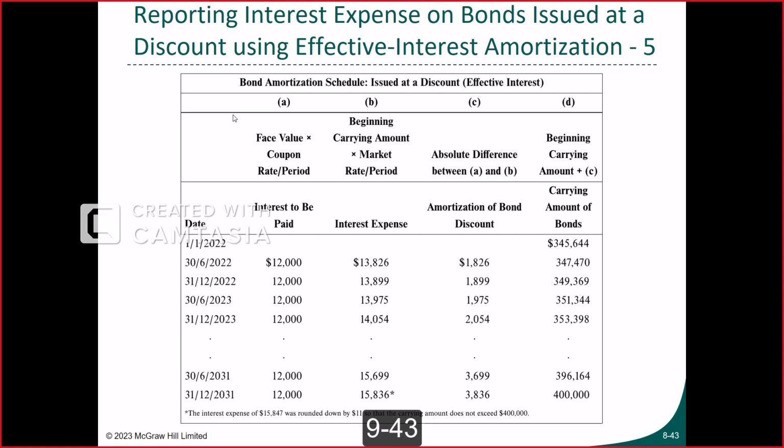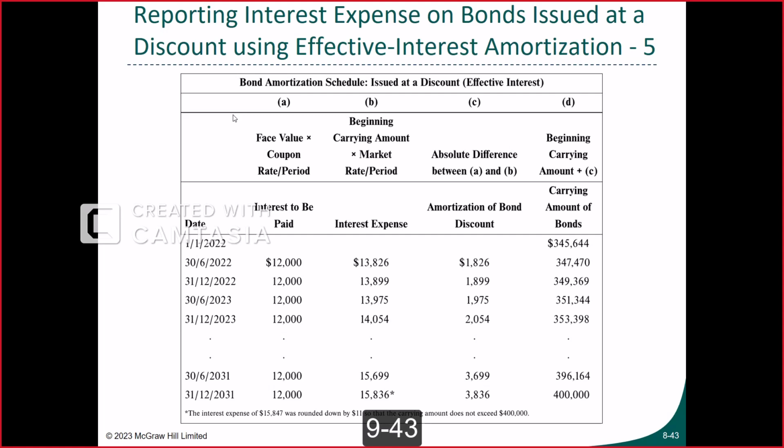That discount is a big loss the company incurred, but we have to spread that loss over the useful life of the bond loan using the effective interest amortization method, which is by calculating the difference between the cash amount of interest and the interest expense.